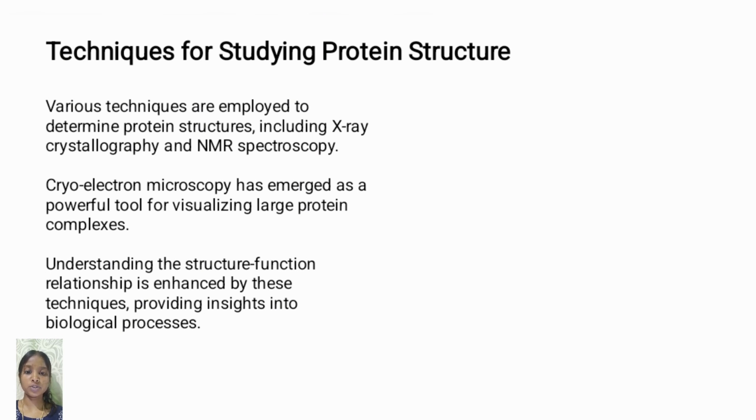Techniques for studying protein structure. Various techniques are employed to determine protein structure, including X-ray crystallography and NMR spectroscopy. Cryo-electron microscopy has emerged as a powerful tool for visualizing large protein complexes. Understanding the structure-function relationship is enhanced by these techniques, providing insights into biological processes.